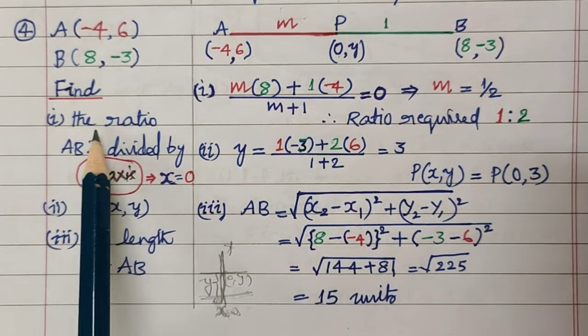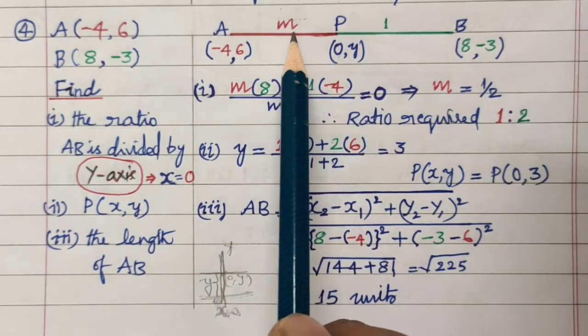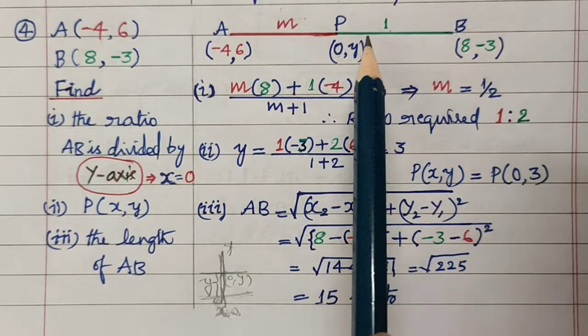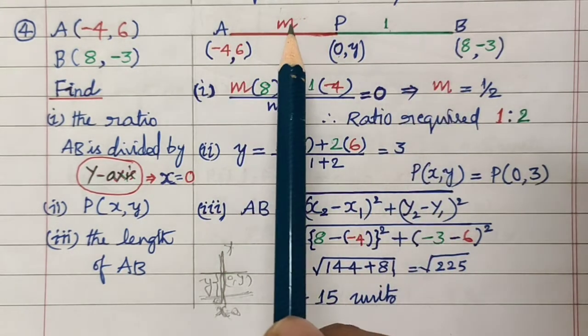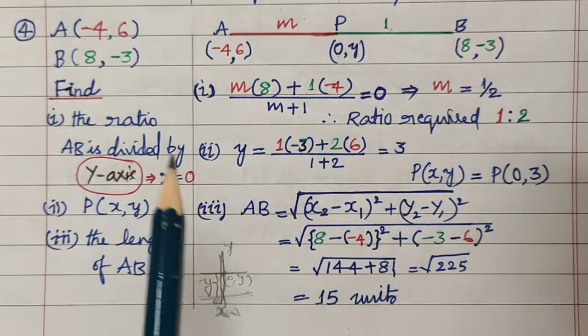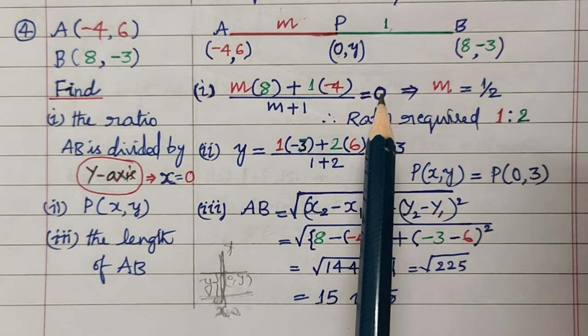We need to find out the ratio in which AB is divided. Let the y-axis divide the length AB in the ratio m is to 1. So we know the coordinates of x.